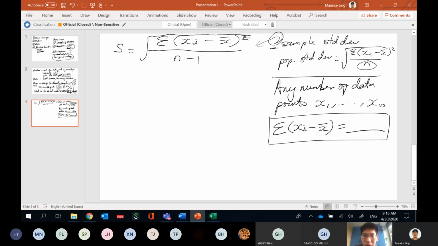So would it be correct to say that this particular value will represent the total value of all the given data points? Which is what? It's an actual number. There's only one value. It will hold true for any number of data points, whatever data points you have.